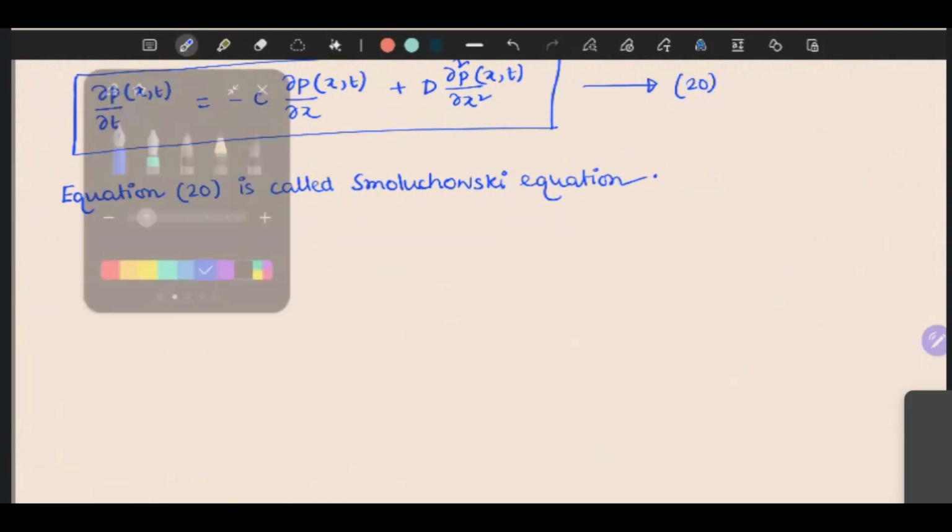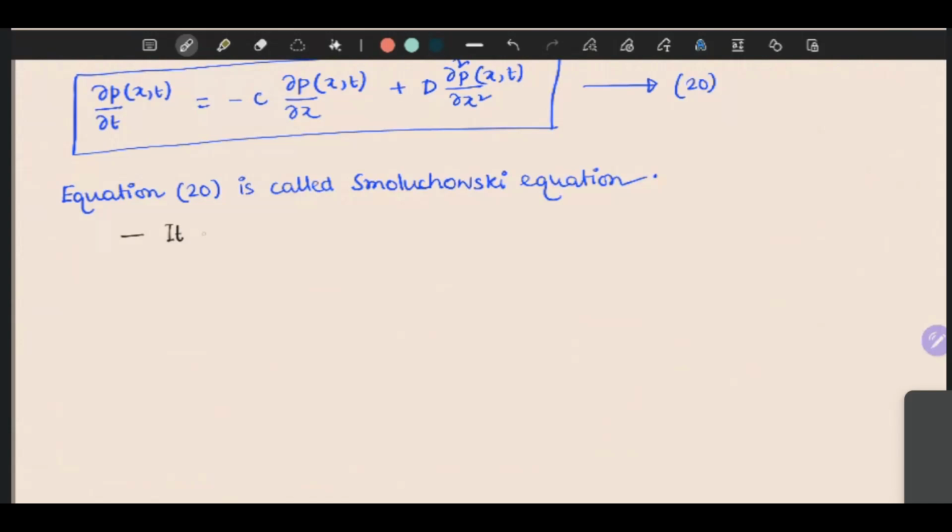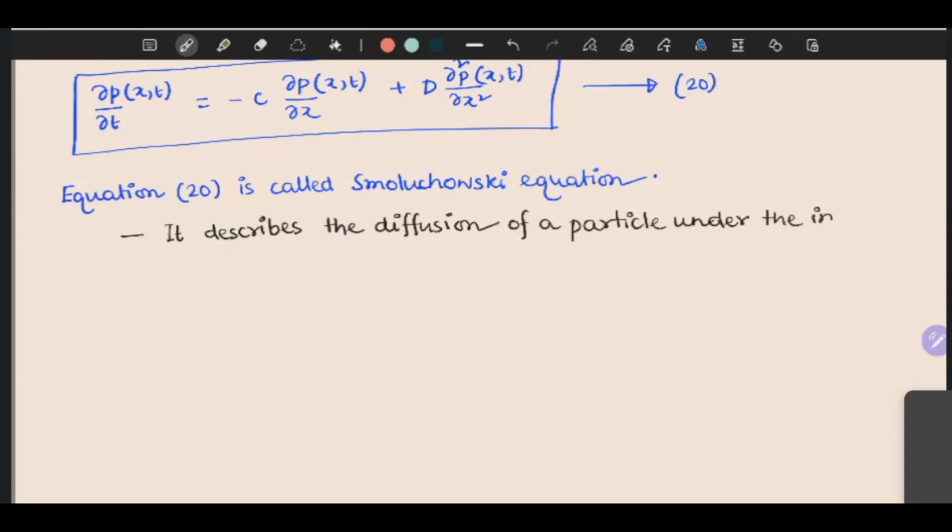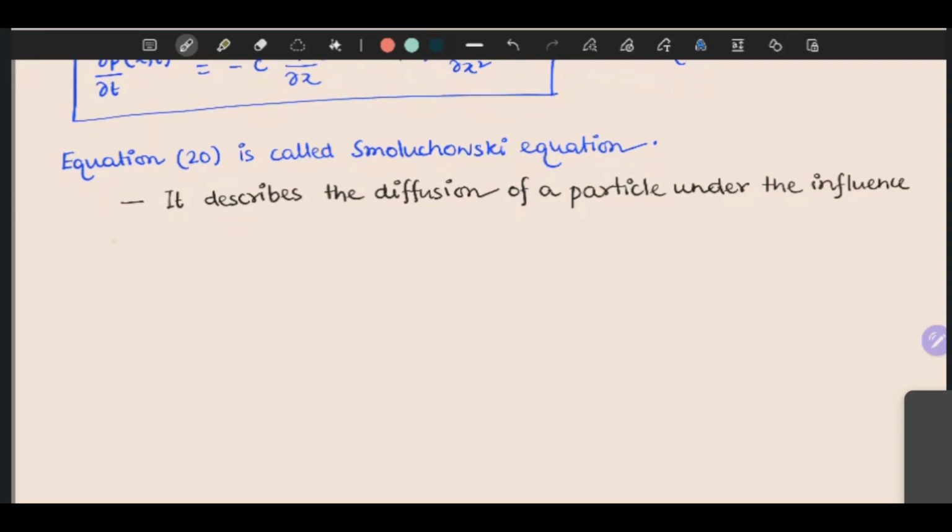Actually, it describes the diffusion of a particle under the influence of a constant field of force.